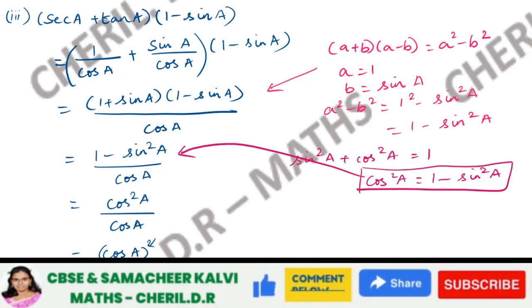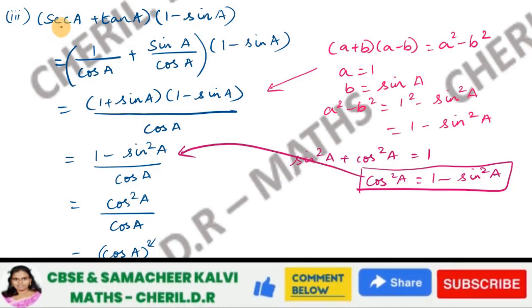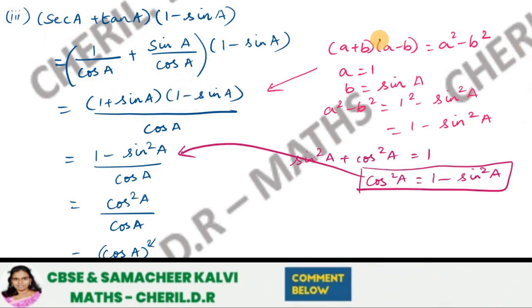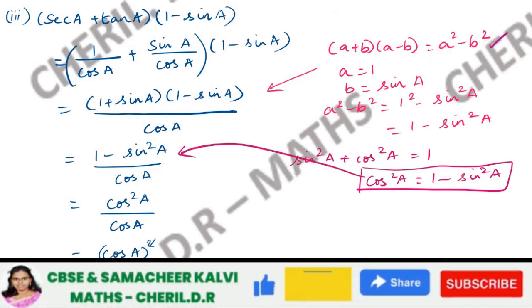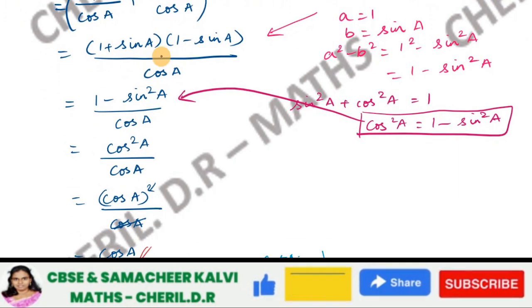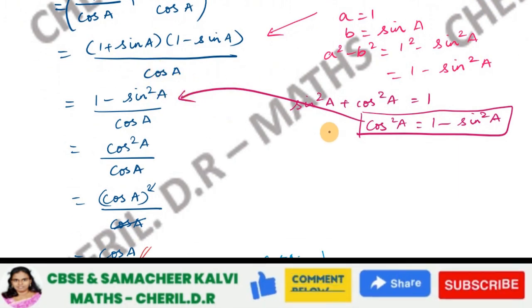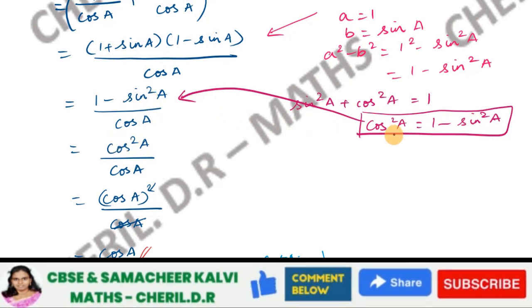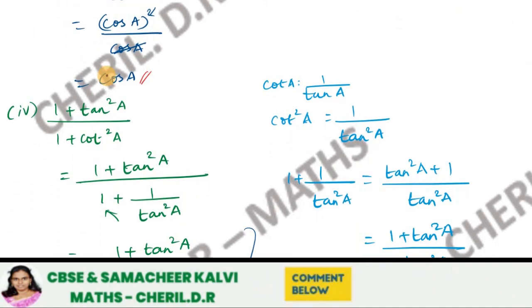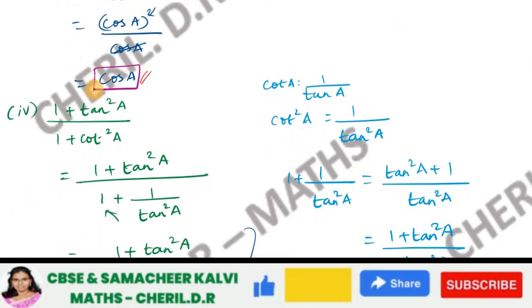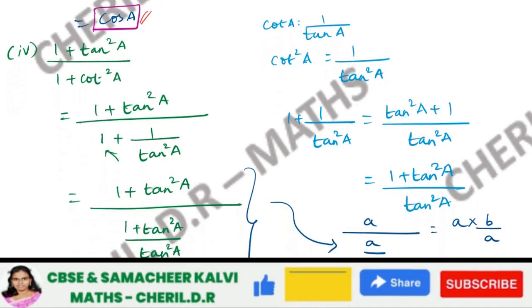First, we'll just give a quick recap. For the previous one, we converted all these in terms of cos and sin, and then we were able to apply the a square minus b square formula, and after that we took the trigonometric identity and applied 1 minus sin square A is equal to cos square A. From that we got the answer to be cos A. For the next one, it was very simple.